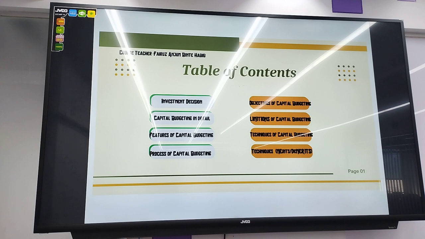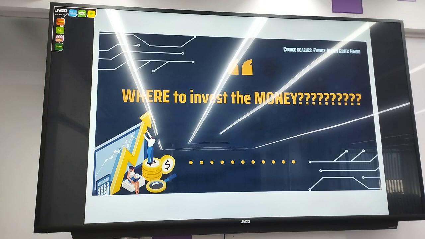It's a business process which evaluates potential major projects or investments. How you can potentially invest your money, and how much money you need to invest in this business. These things we learn from capital budget: where we need to invest money.